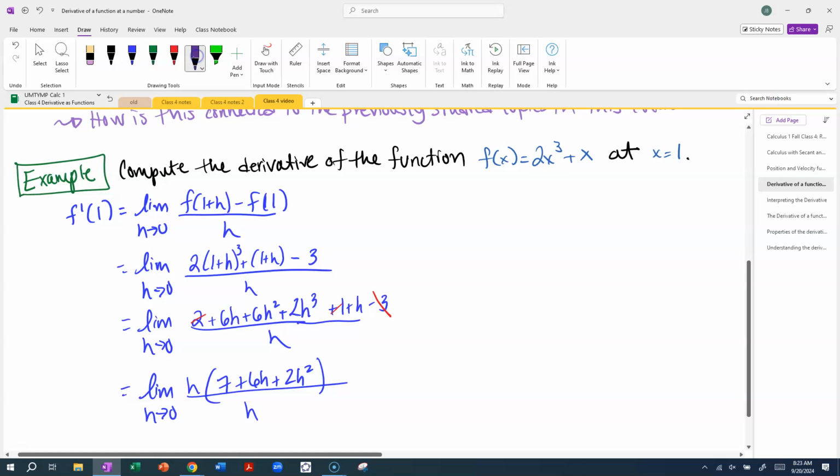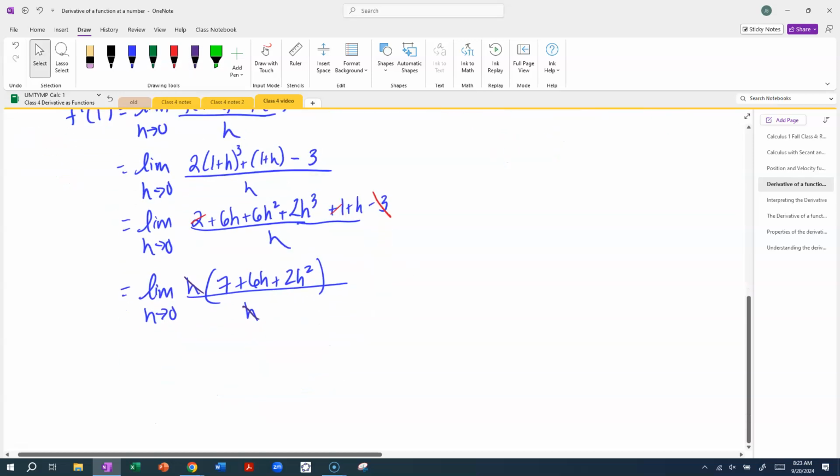Then those h's can reduce, and I would end up with one more limit, and then I can finish it off: 7 plus 6h plus 2h squared.